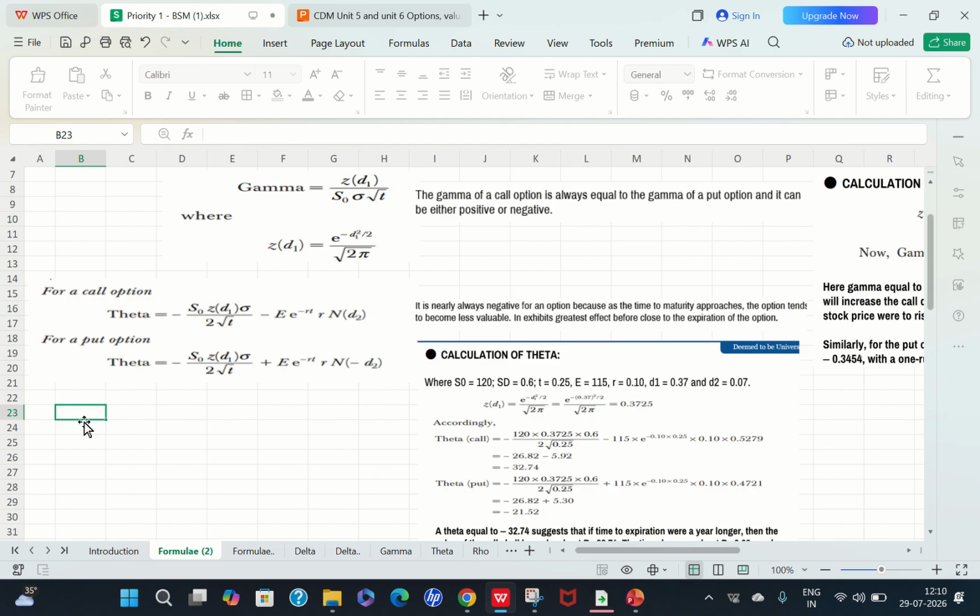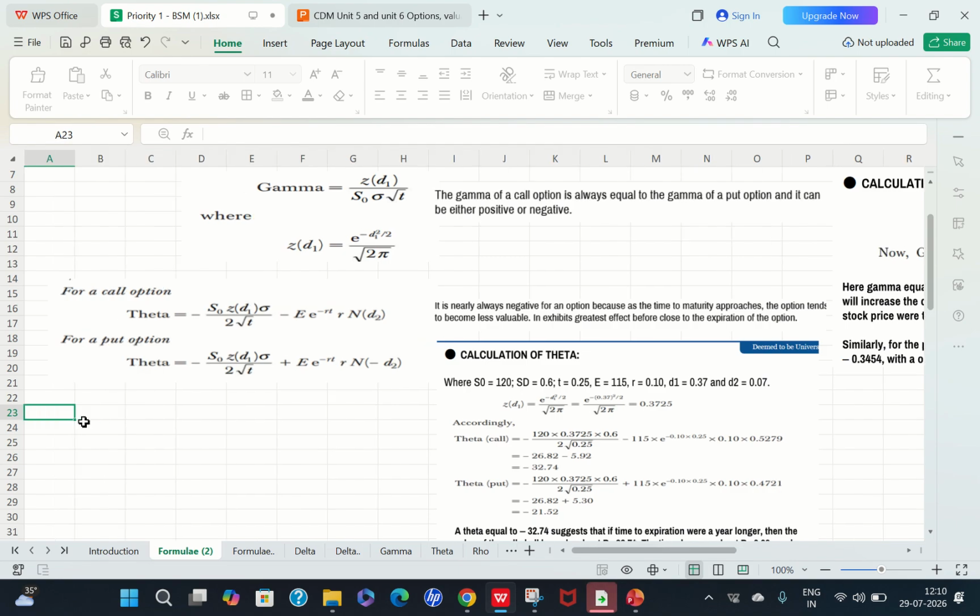Yeah, let's start. So theta is equal to, what is S0? 120 into ZD1, which we have already found out in the previous problem, 0.3725, into what is standard deviation? 0.6. Standard deviation is nothing but the volatility, 0.6. See, these attributes will be given in your problem.